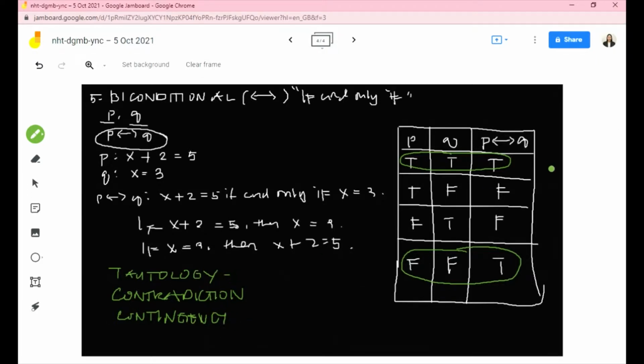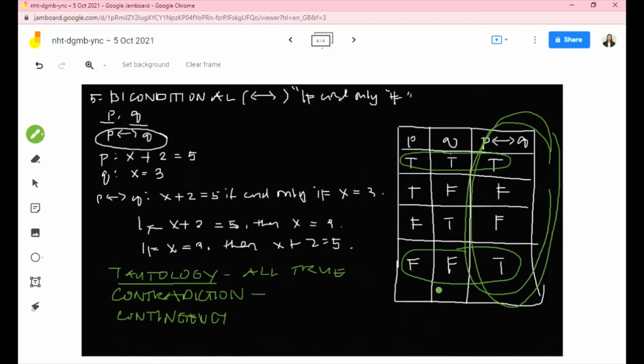That is, if the last column of your truth table is all true, or if your conclusions are all true, then it is called a tautology. On the other hand, if all the truth values in the last column are false, then it is called a contradiction. But if it's neither a tautology nor a contradiction, then it is called a contingency.